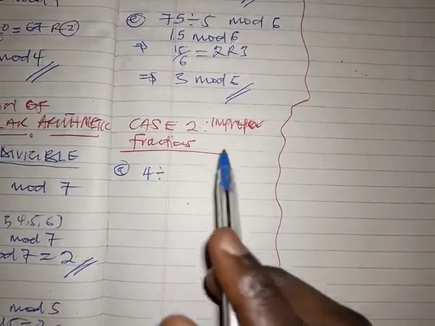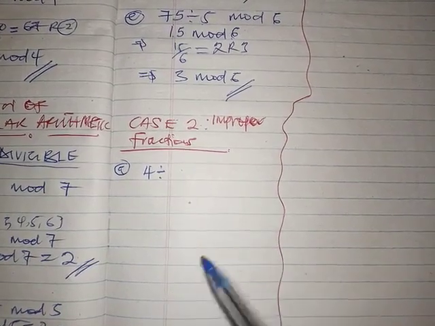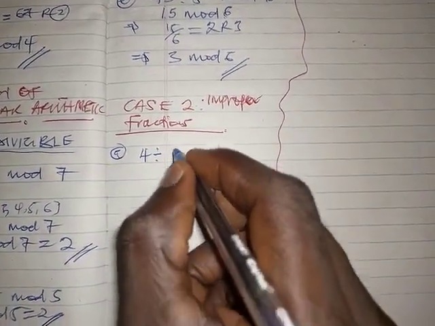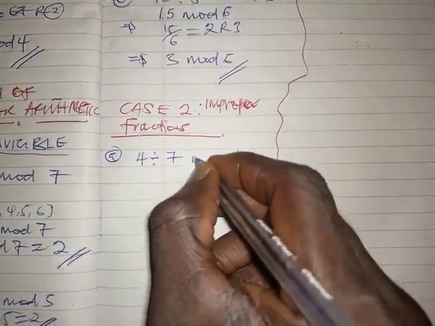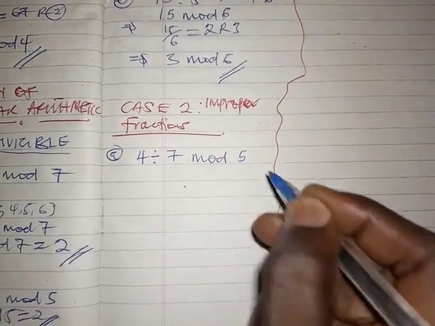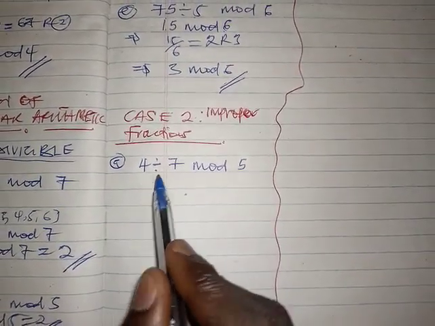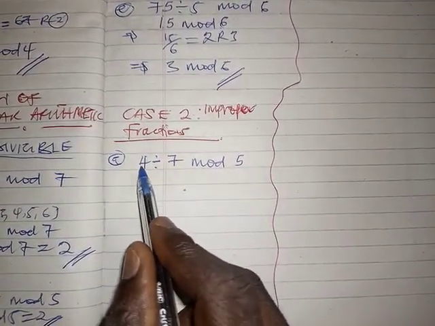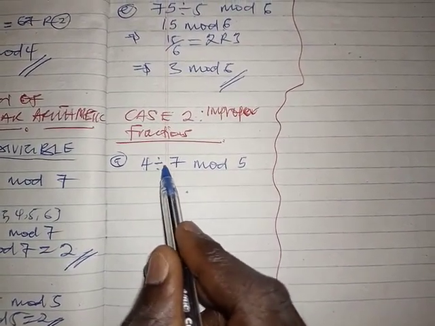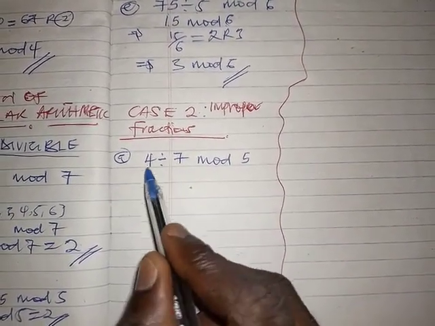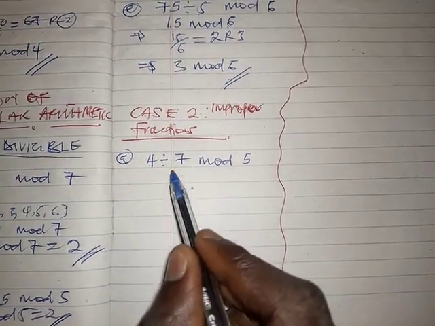Now under case 2, we'll be looking at improper fractions. A case like 4 divided by 7 mod 5. Because 4 divided by 7 is impossible, we are going to get a decimal.